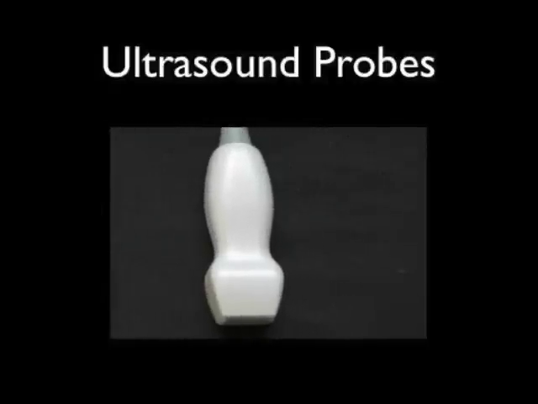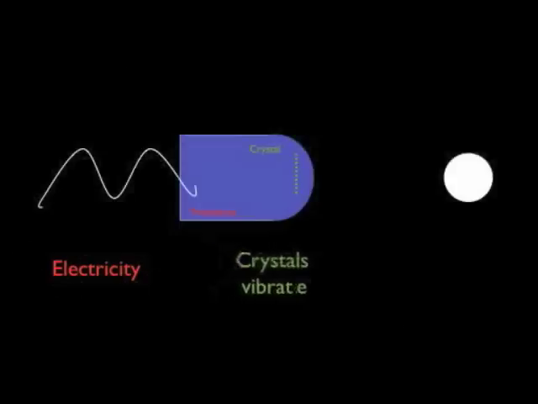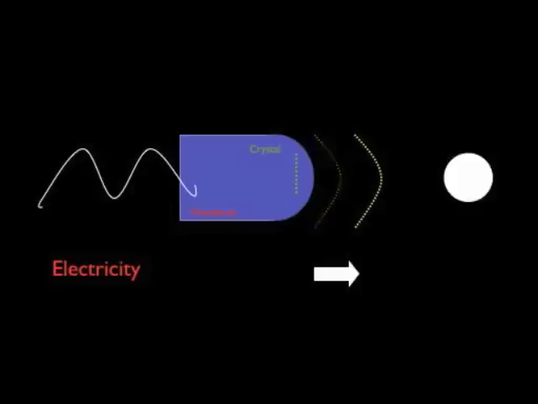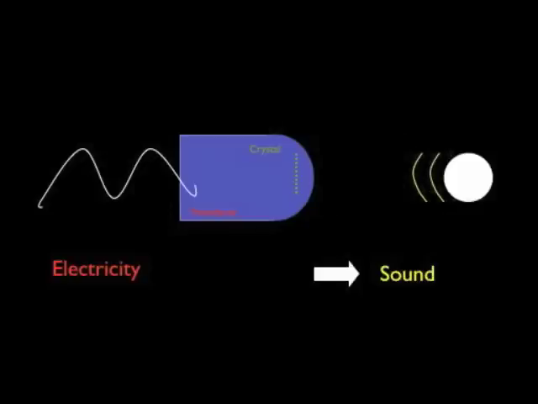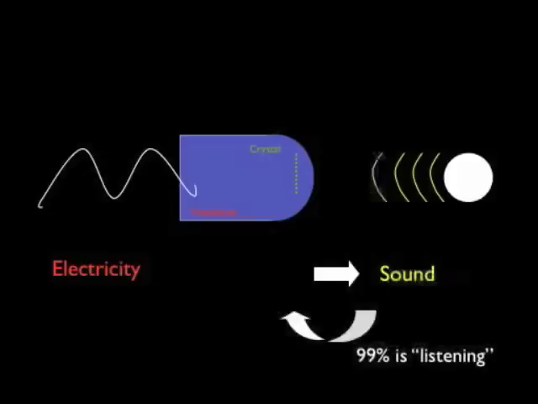These sound waves vibrate through organ systems, create echoes, and ultimately make their way back to the probe. Consider the following schematic. Electricity travels through the cord. Crystals vibrate, creating sound. These sound waves travel through the body and bounce off of organs and make their way back to the probe. In fact, the probe is listening most of the time, listening for these echoes to come back with information, which is then transferred and translated into imaging.